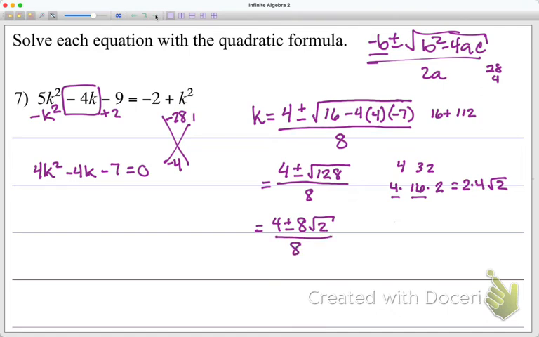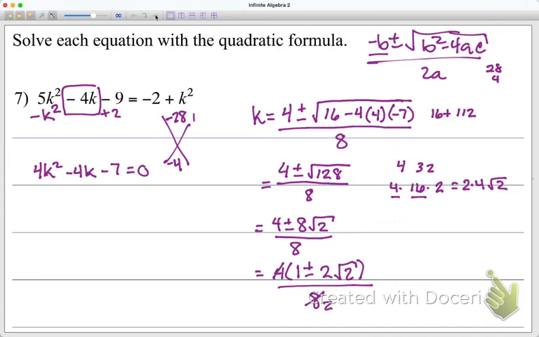Can't you take out 4? I can factor a 4 out. So I'd have 4, and then it'd be what? 1 plus or minus 2 square root of 2 all over 8. Now 4 goes into 8 how many times? 2.